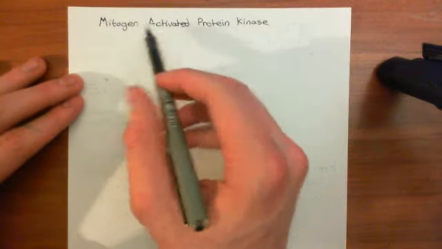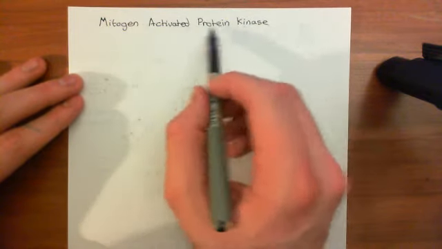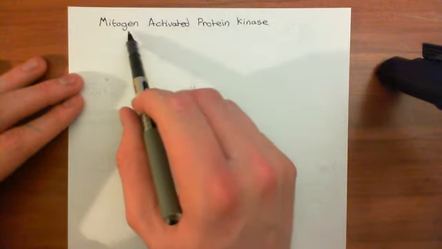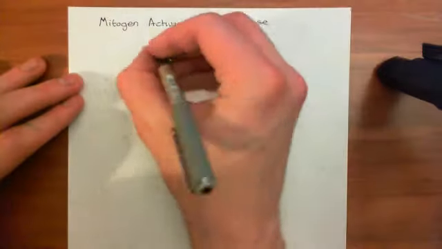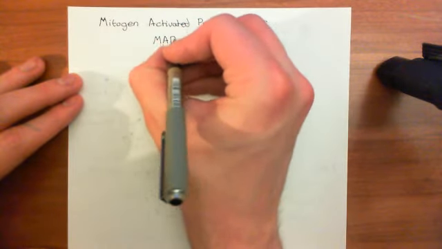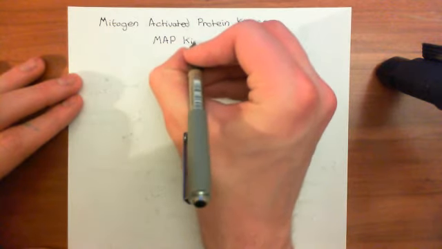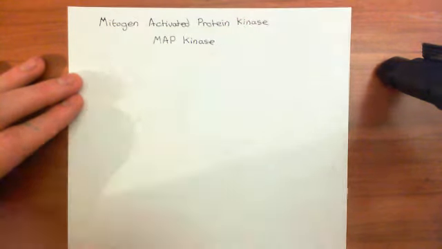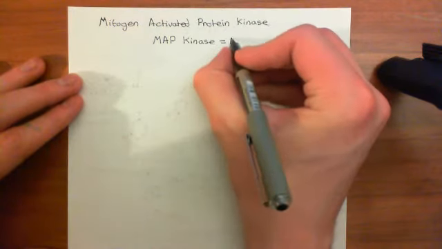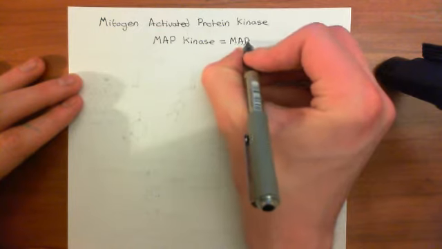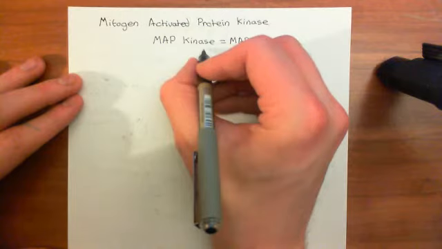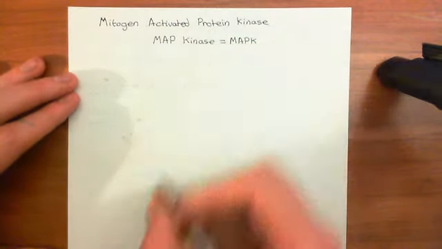So this is a protein kinase, so it's a kinase enzyme, and it is in fact a serine threonine kinase that is activated by mitogens, so it's a name that makes sense. Now, often this is just abbreviated to MAP kinase. People will often just call this enzyme MAP kinase, so they won't usually abbreviate the K. When they're writing it down, they will abbreviate the K. They will write MAPK, but people don't generally say MAPK. When they're speaking about this enzyme, they'll say MAP kinase.